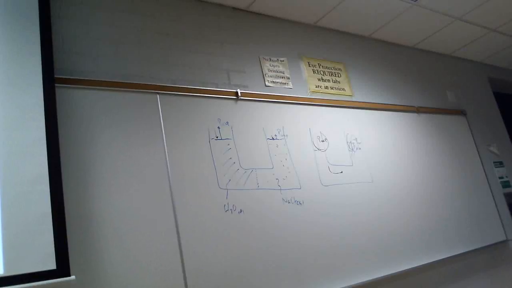This deviation from ideal behavior is more severe for higher charged ions, which is to be expected because higher charged ions are going to have stronger electrical attraction. And so here for magnesium sulfate, it's more like 50% paired up. The magnesiums and the sulfates just don't split apart.